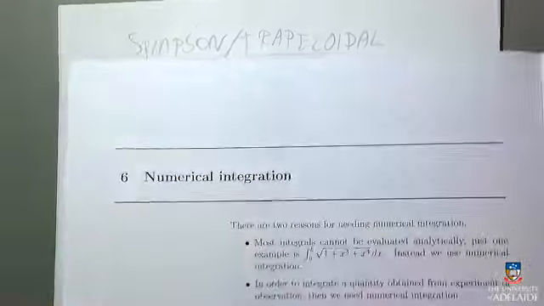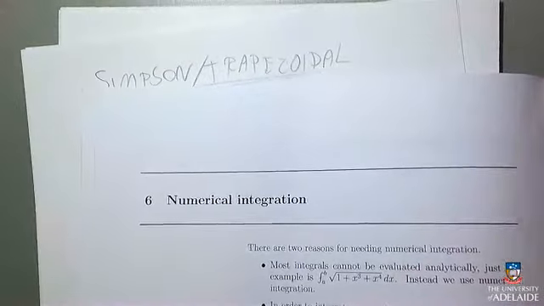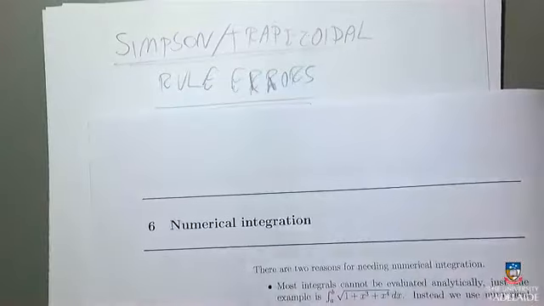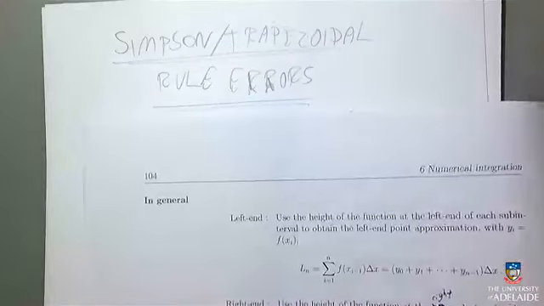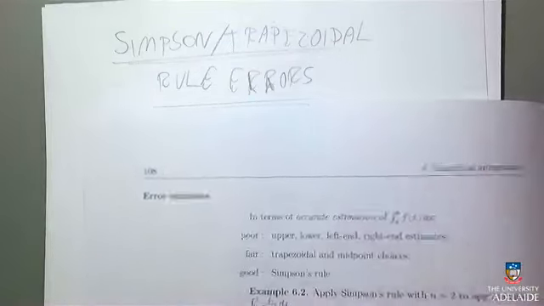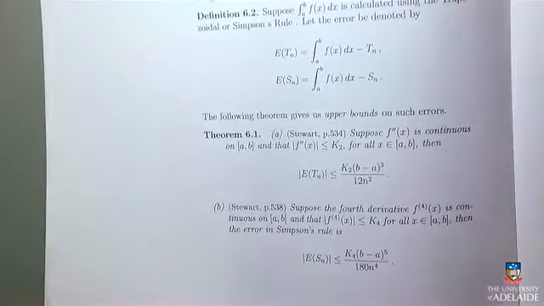So this is the part of the notes that goes with this. It's called Numerical Integration. So if you are looking on the website for this, it's under Numerical Integration. Right, here they are. Okay, so there are approximations to the real integral.